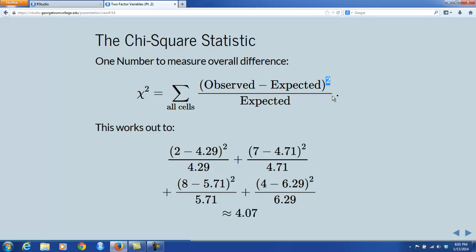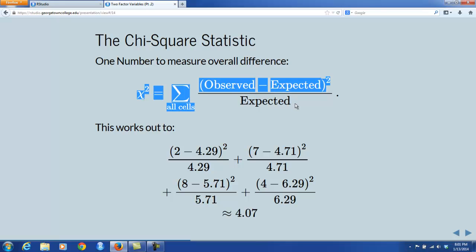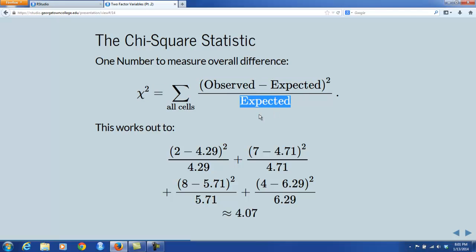That's why it's called a chi-square statistic. You divide by the expected count for that cell. You do that for every cell in your two-way table, and then you sum those fractions over all of the cells in the table.